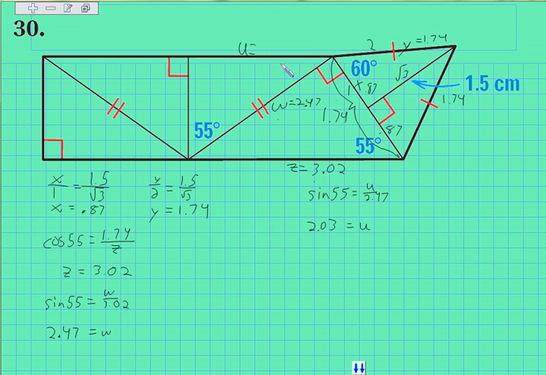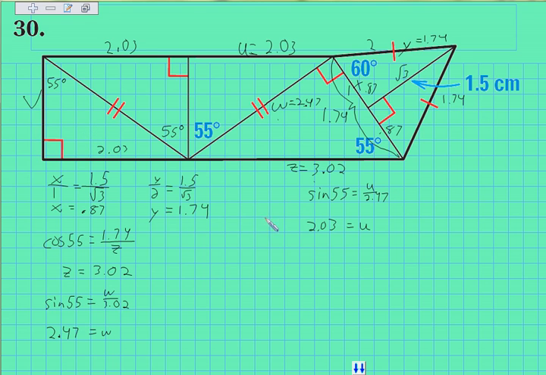So the fact that this side up here is 2.03 also means that this is 2.03, and this is 2.03 as well. So the only thing that I'm left with is this piece right here, and we'll call this side V. Now, I know this is 55 degrees because those triangles are congruent. And we said that this triangle is congruent to this triangle, so the 55 ends up being over here.